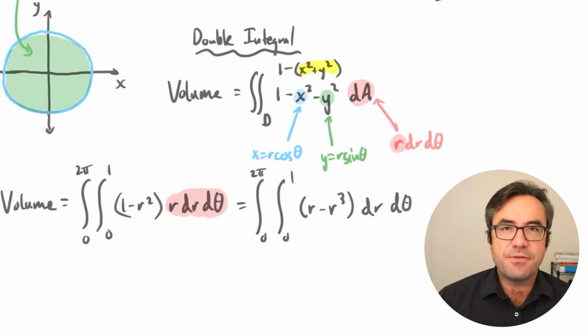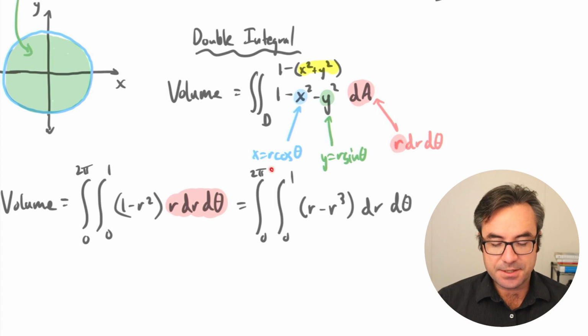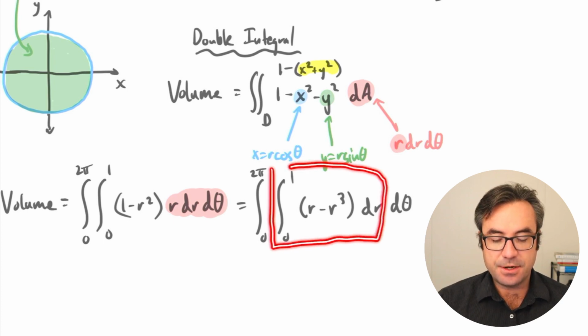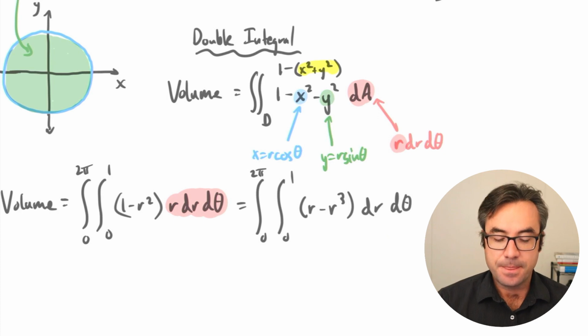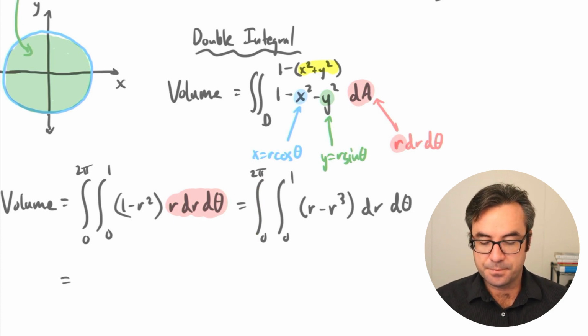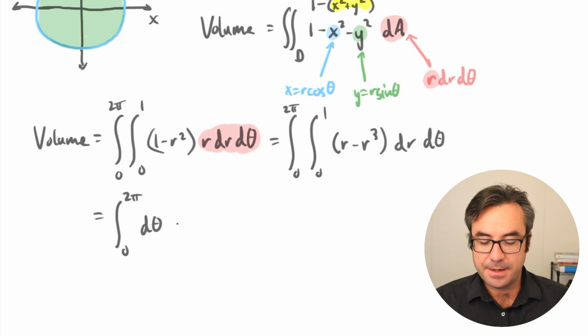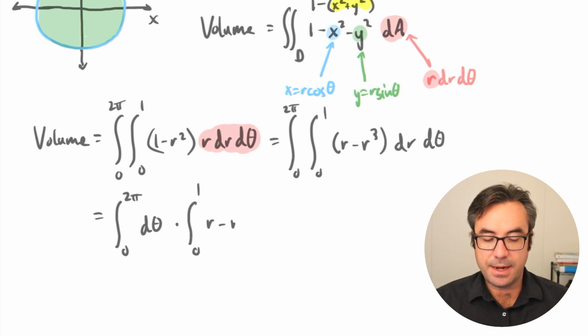One kind of helpful thing sometimes happens is, because this inner integral doesn't have any thetas, we can actually split up our integration here. So we can actually write this as the integral from 0 to 2 pi d theta times the integral from 0 to 1 of r minus r cubed.